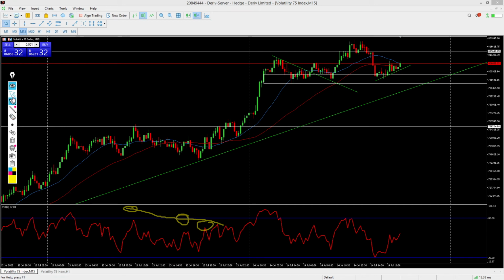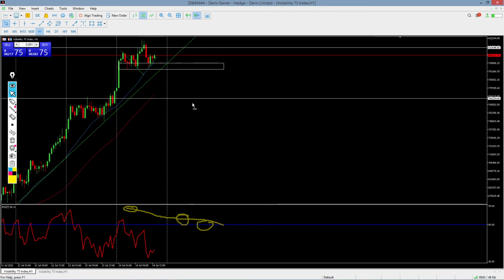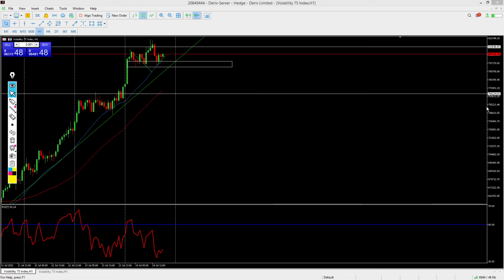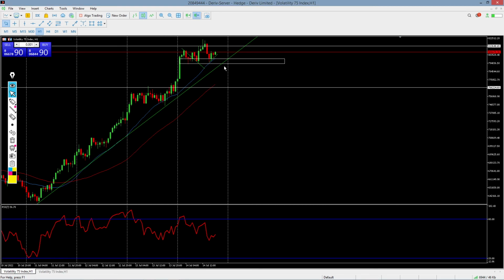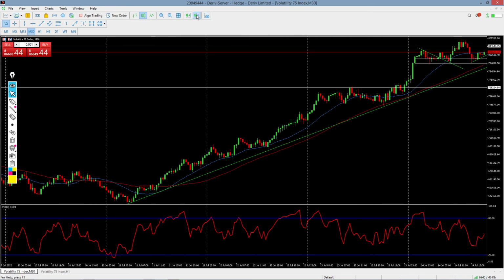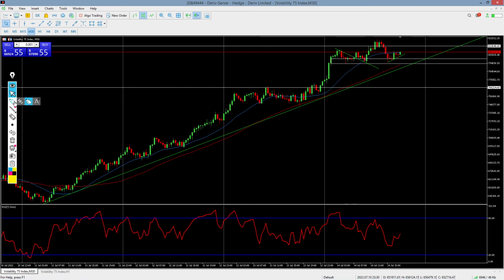What we can do now is build confluence. Our 1 hour time frame is starting to create this head and shoulders, and on our 30 minute time frame there is a potential double bottom as well. You can see this W on the 50 minute.